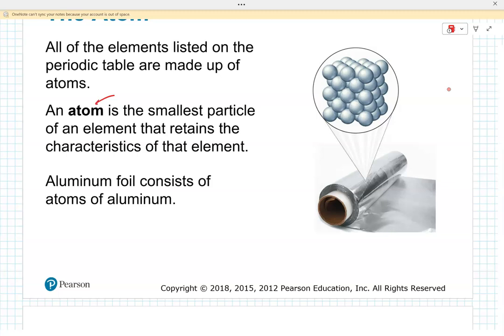Now, the reason why it's called an atom is from Greek atomos, indivisible. There is no chemical way to break an atom apart, and an atom has all the same chemical characteristics, and it gives chemical characteristics to an element.